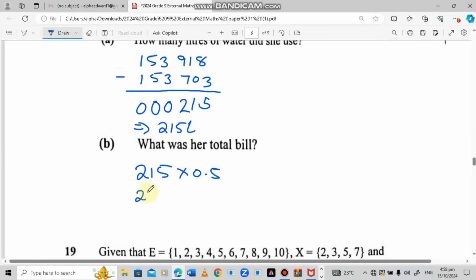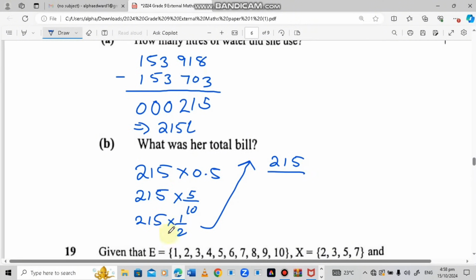Because you can write 215 times 0.5 as 5 over 10, which is same as 215 times 5 into 5 is 1, 5 into 10 is 2. So it's same as 215 times 1 is 215, then over this denominator 2.